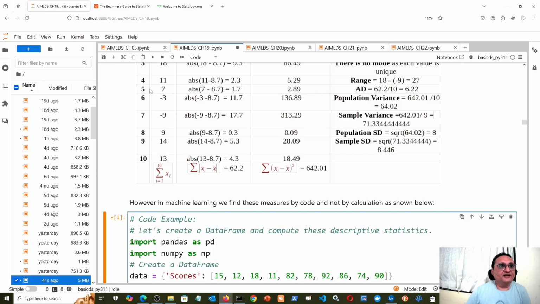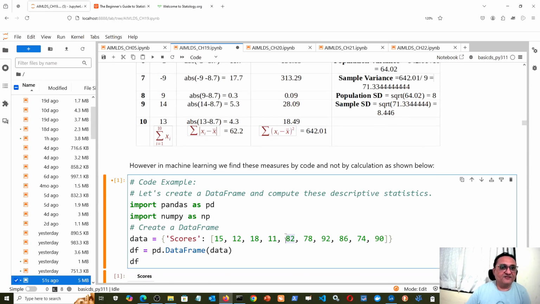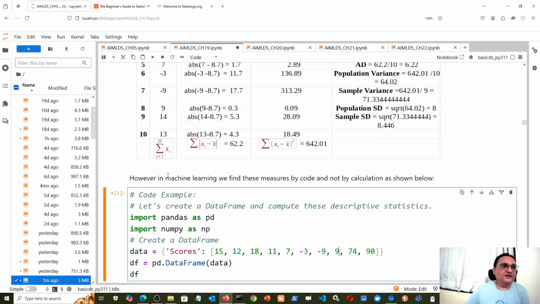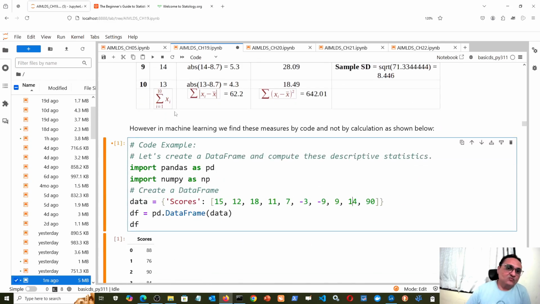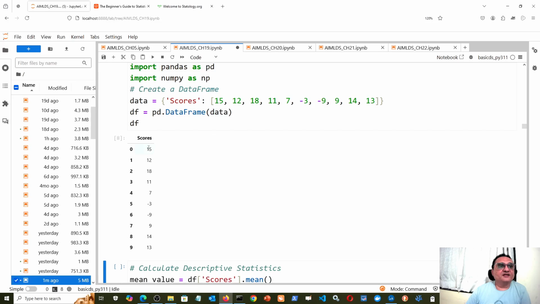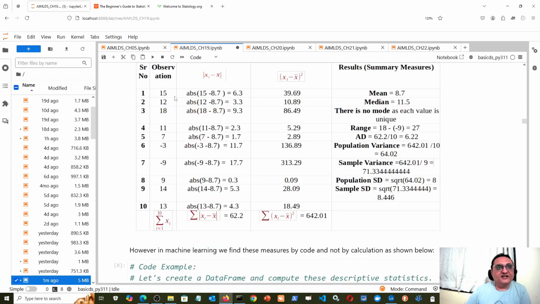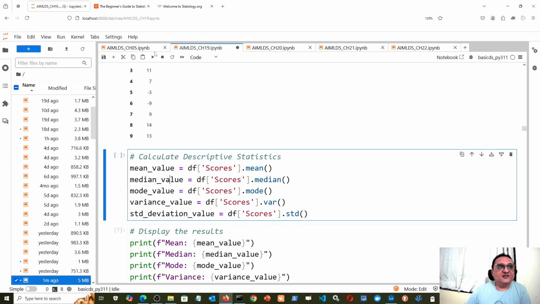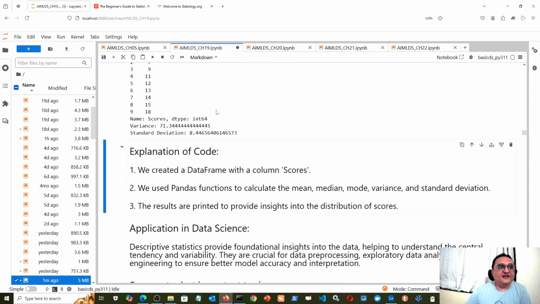Then 7, minus 3, minus 9, then plus 9, then plus 14, then 13. Okay, now it is the same data frame as what I had done and we manually calculated. Now let us calculate by program and check our manual results.